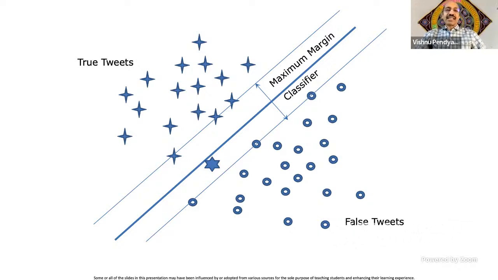Classification can be extended to multiple classes, but for simplicity of discussion, we are going to look at binary classification here. So we want a margin which is maximum, and we want this margin that separates the two classes to be as wide as possible. And the decision boundary is basically the line dividing the maximum margin, as you can see here. So that should be our goal, right?